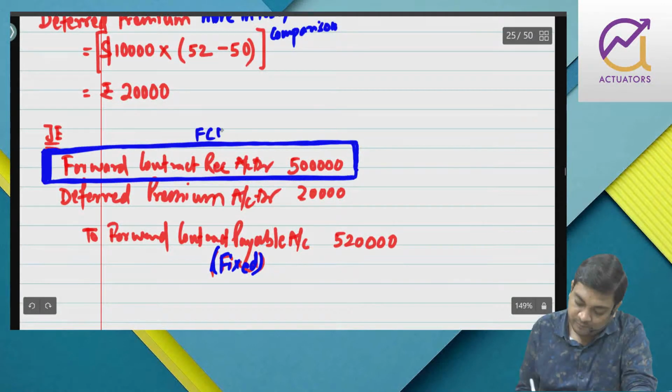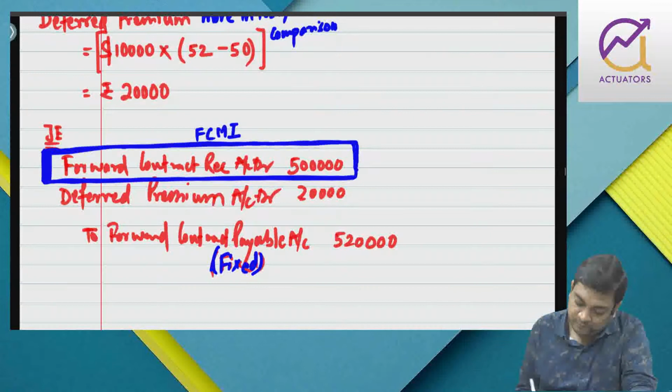Treat this as FCMI. Yes or no? Treat this as FCMI. Is that fine?